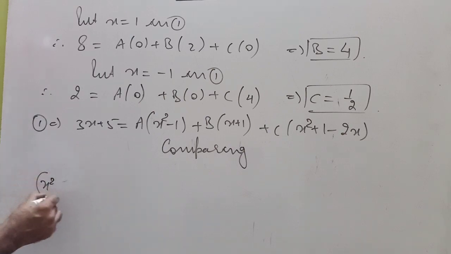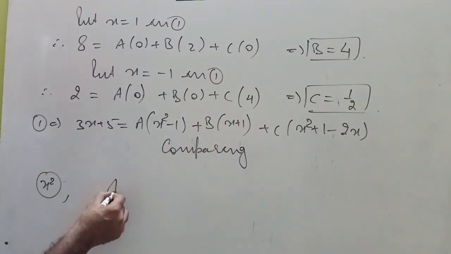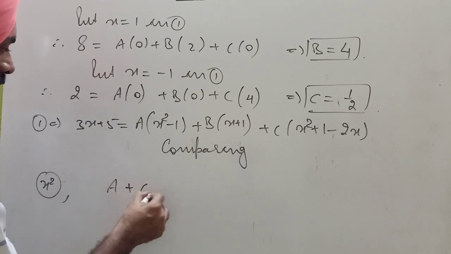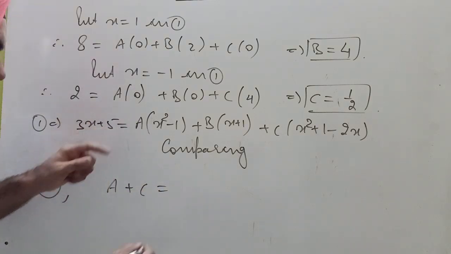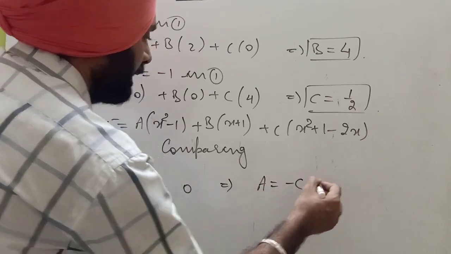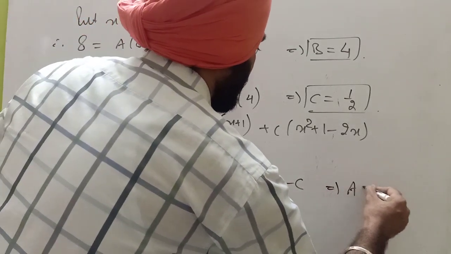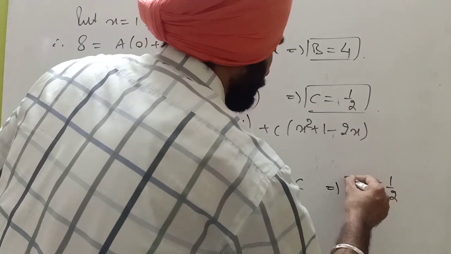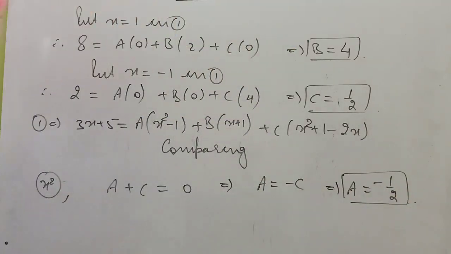The coefficients of x square are a plus c. On the left hand side there is no coefficient, means 0. So the value of a is minus c, that is minus 1 by 2. So we have found all the values.